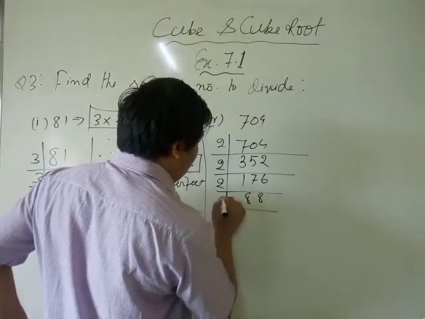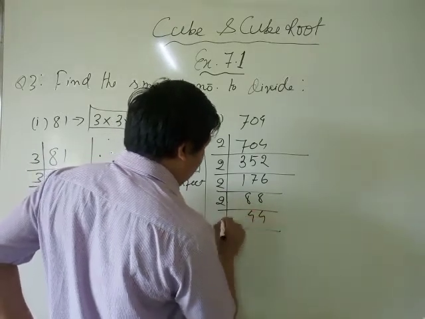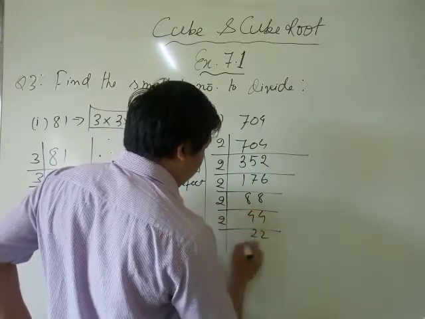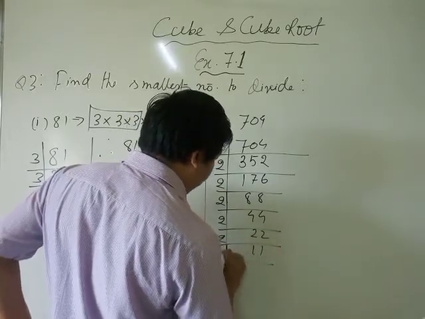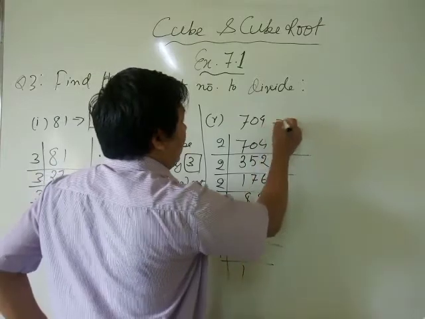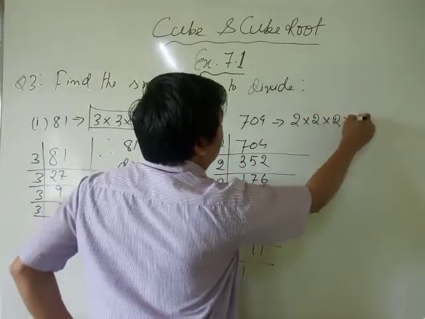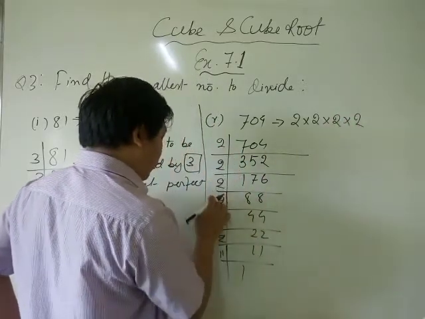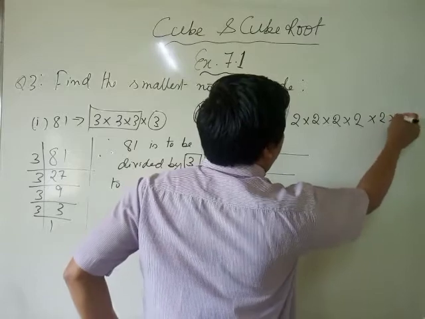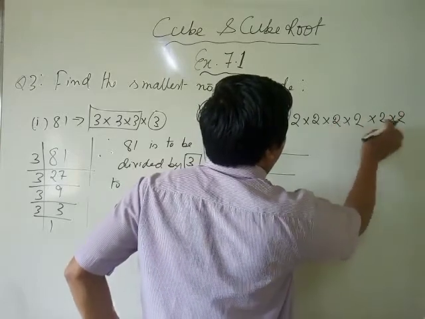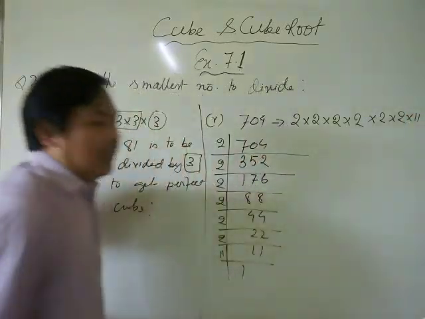Then we get here 2, 4 here. Then 2 again, 2 by 2, 11. Then we get here 11, 1. So the number here can be written as 2 into 2 into 2 into 2, 1, 2, 3, 4, 5, 6 into 11, isn't it?